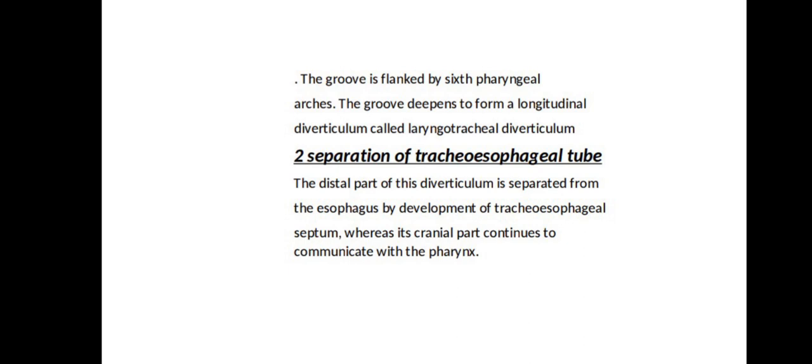Now, this septum will divide this tracheoesophageal tube from caudal to the cranial. So it will separate into the anterior part, which is the trachea, and the posterior part, which is the esophagus. The tracheoesophageal septum is coronally oriented and extends from caudal to cranial.